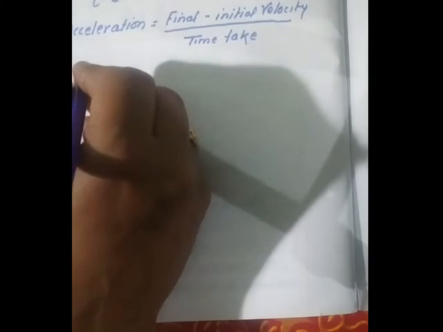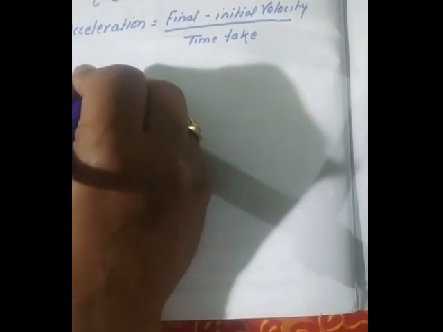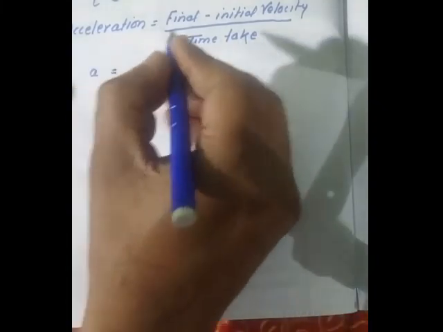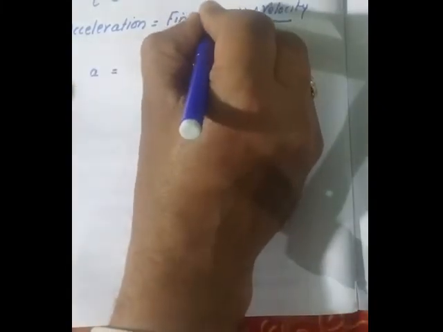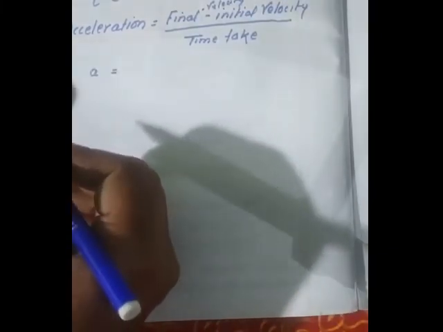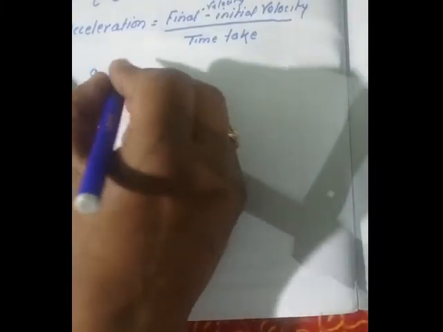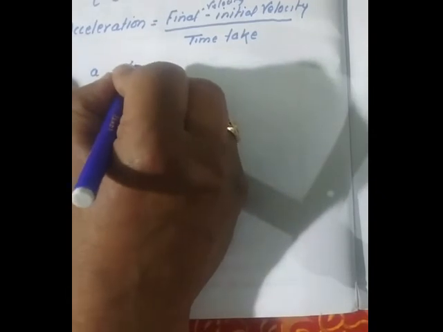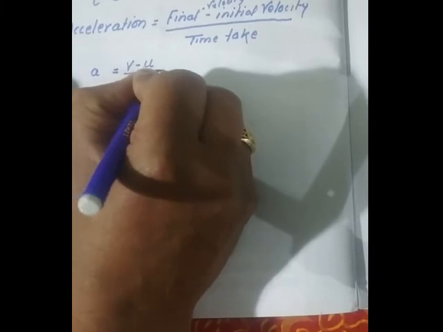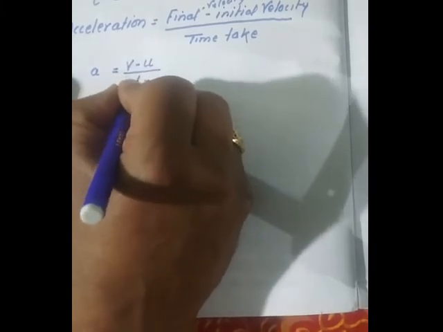Acceleration is represented by a. Final velocity is represented by v, and initial velocity is represented by u. The time taken is t.